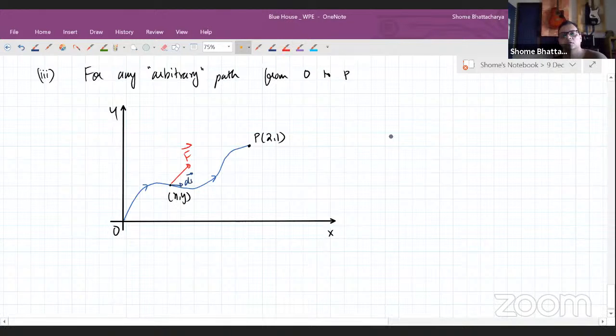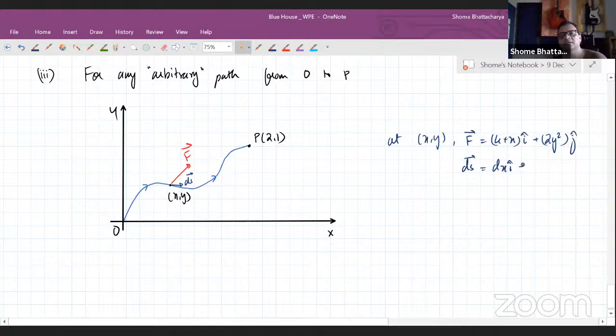Okay, so at x comma y, the force acting on it at that point is given by that relation (4 plus x) i cap plus 2y square j cap. But this time the differential displacement will just be an arbitrary dx i cap plus dy j cap. It will have both components.